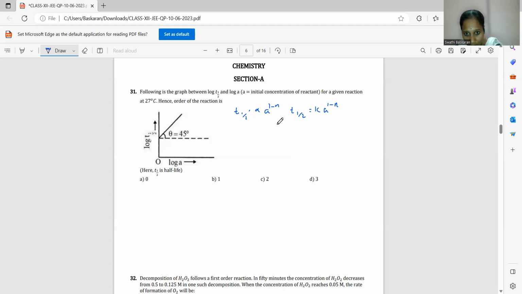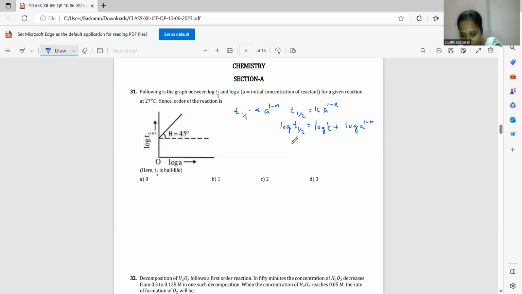So when you apply log on both sides, it will become log T half is equal to log K plus log A power 1 minus n.